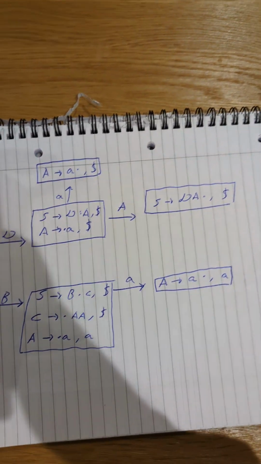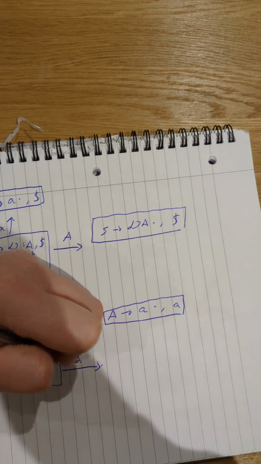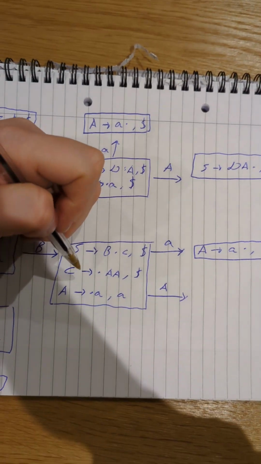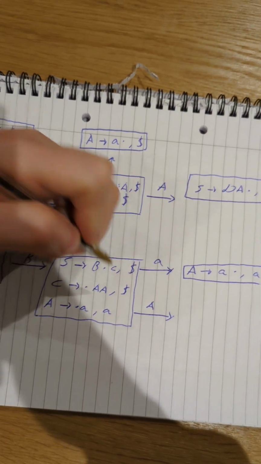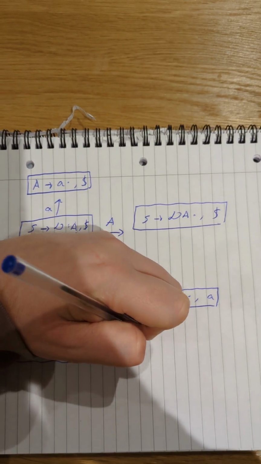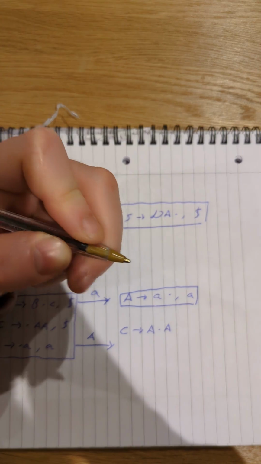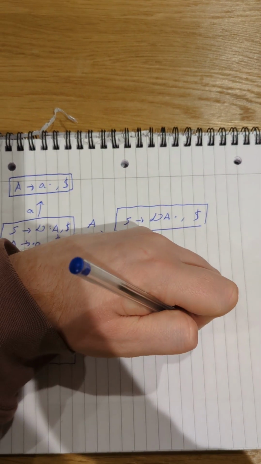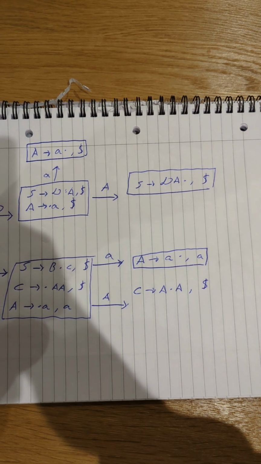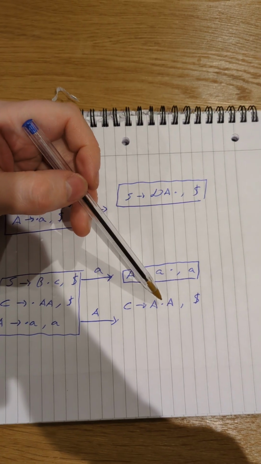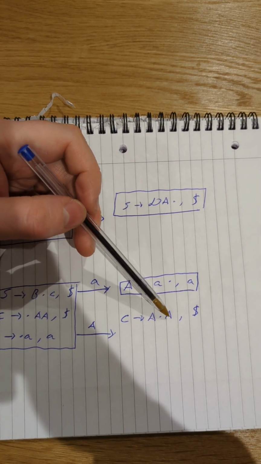That item set is finished. If we get an uppercase A, then we're going to use this rule, which is C goes to A dot A, moving the dot over to the right. So C goes to A dot A, copying over the non-terminal, and copying over the look ahead symbol, which is $. Then we do have a closure here because we have a dot to the left of a non-terminal.